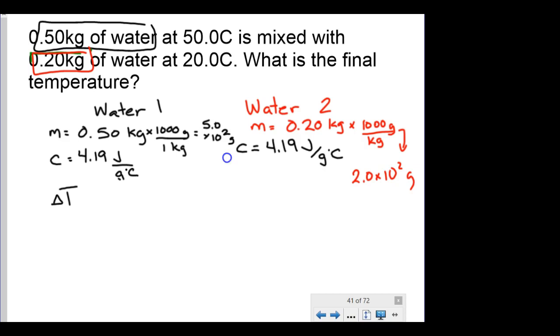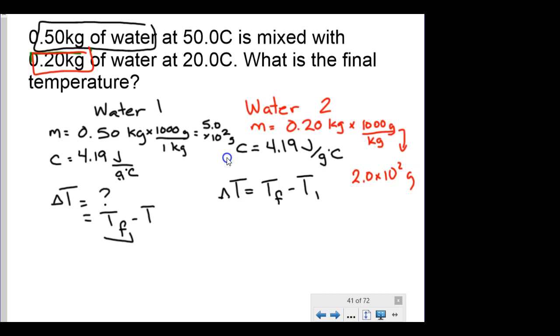Temperature change, we don't know because it's final minus initial, and we don't know the final temperature of each one. What we do know is the initial temperature of each.